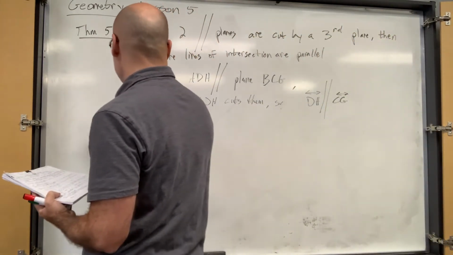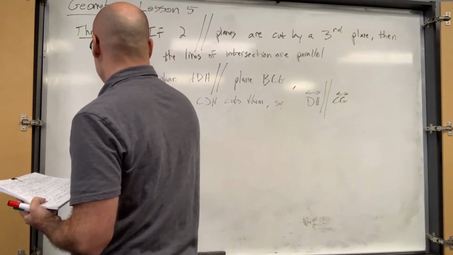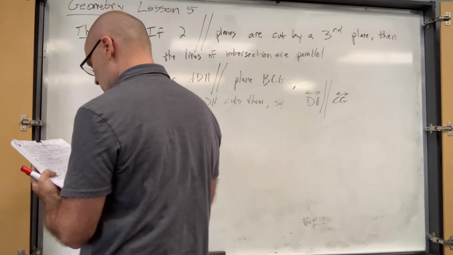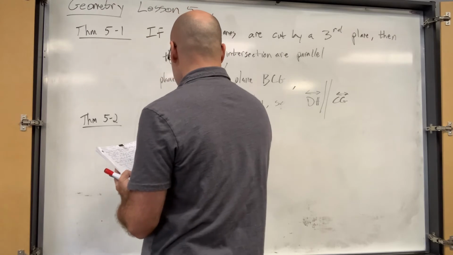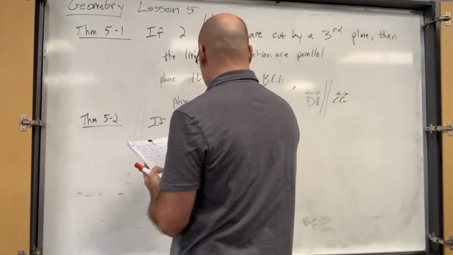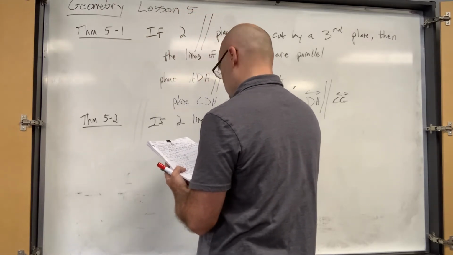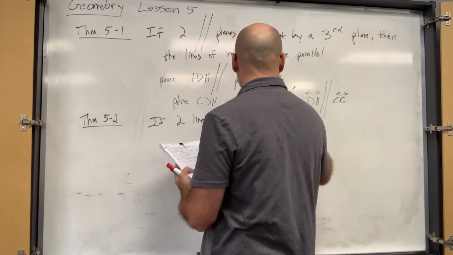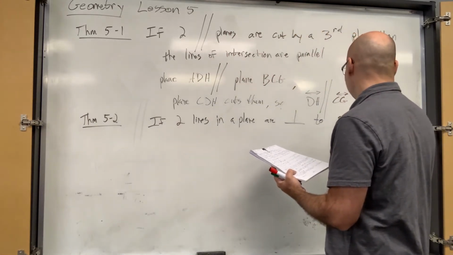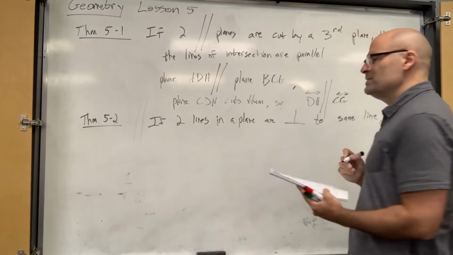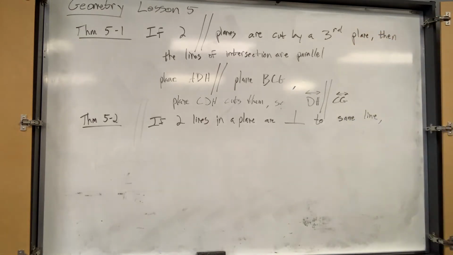All right, here's theorem 5.2. If two lines in a plane are perpendicular to the same line, okay, so let's stop there and try to visualize this.